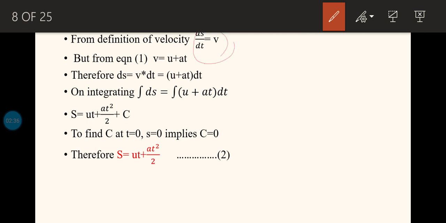This equation can be written as ds equal to v dt, and instead of v we substitute this one. Therefore the equation becomes ds equal to u plus at dt.